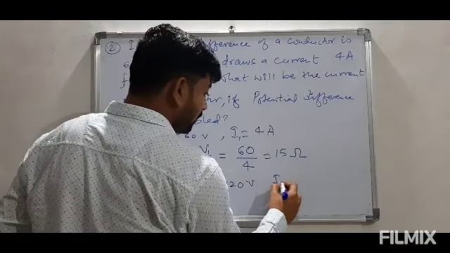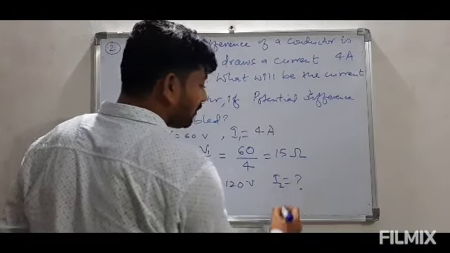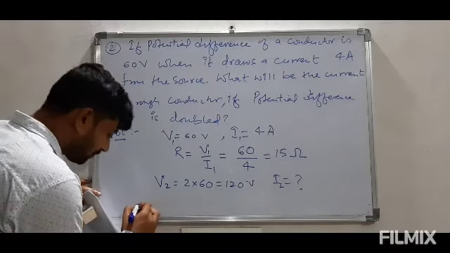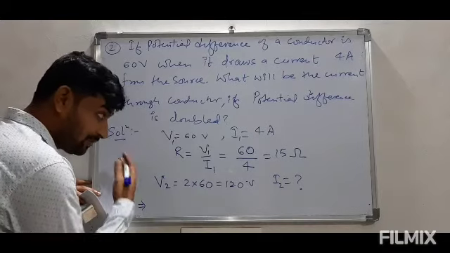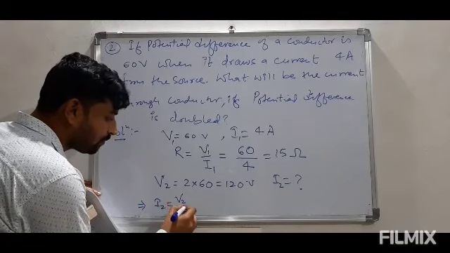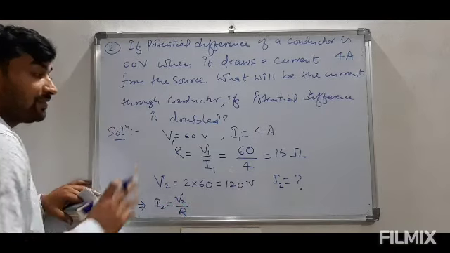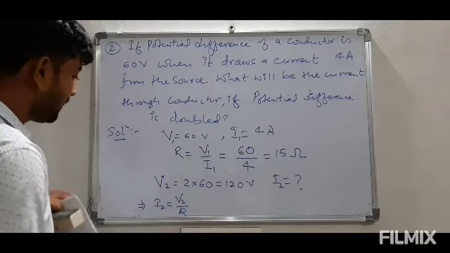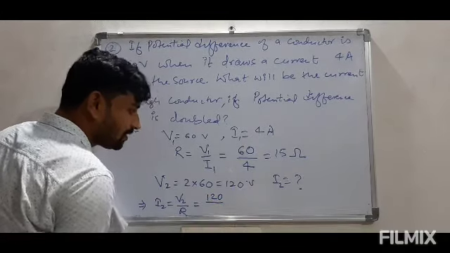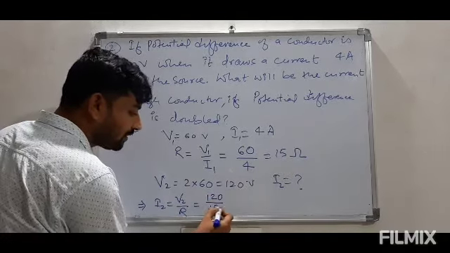Now we want to calculate what will be the value of I2. So what do we have to calculate? Current. So by the relation which we have derived just now, the current I2 will be V2 upon R, as the resistance will remain the same for the same conductor. The value of V2 here is 120 upon the resistance we calculated, which is 15.